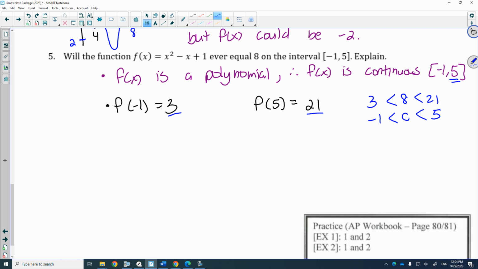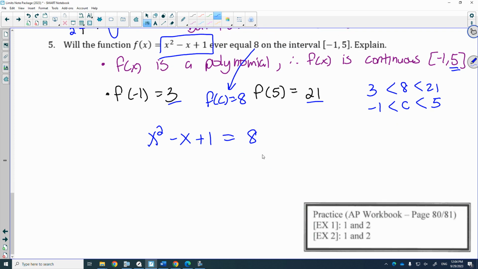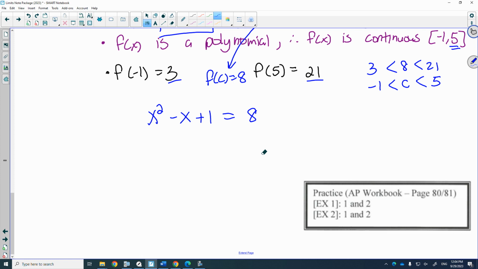How you figure out what that c value is: you set your polynomial equal to 8. I want to find when my graph has a y value of 8, which is f of c equal to 8. So bring your 8 to the left-hand side.